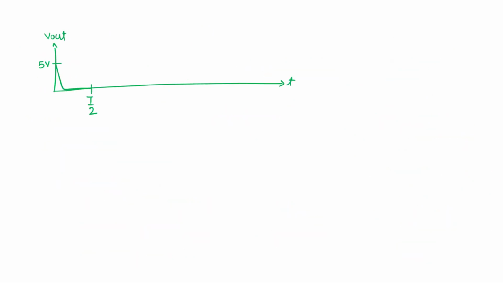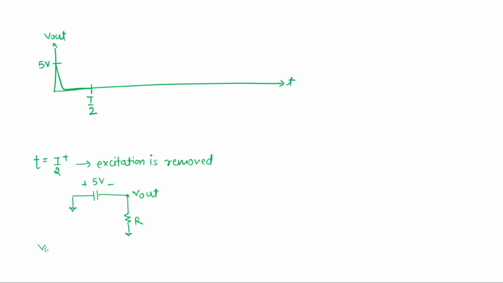What can we see here? At T equal to T by 2 positive, what will happen? Excitation is removed. The capacitor reached 5 volt, but as the capacitor's other end is grounded, the excitation is removed, though my capacitor was at 5 volt already because we have given a lot of time. This is my V out.